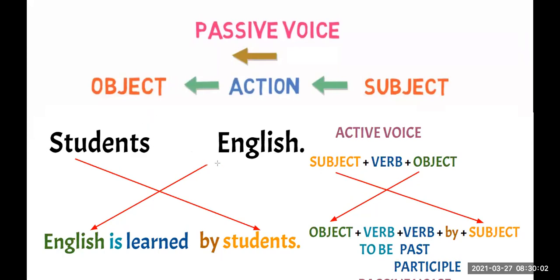Let's change the verb. And we have learned. So, how can you change the sentence in the passive voice? English was learned, right? So the only thing we have to change here is the verb to be. We have to change this in the past.